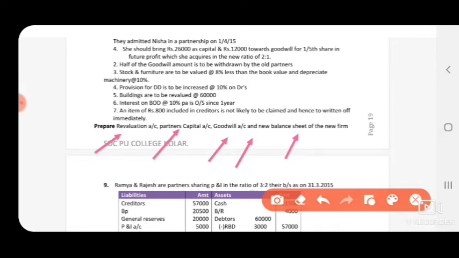Here in this problem, they have given 7 adjustments, but in an annual exam you get any 4 adjustments, not more than that, 4 or 5. And the preparation of the revaluation account, partners capital account, and new balance sheet is compulsory. So in today's class, I will show you the additional ledgers, that is cash account and goodwill account.